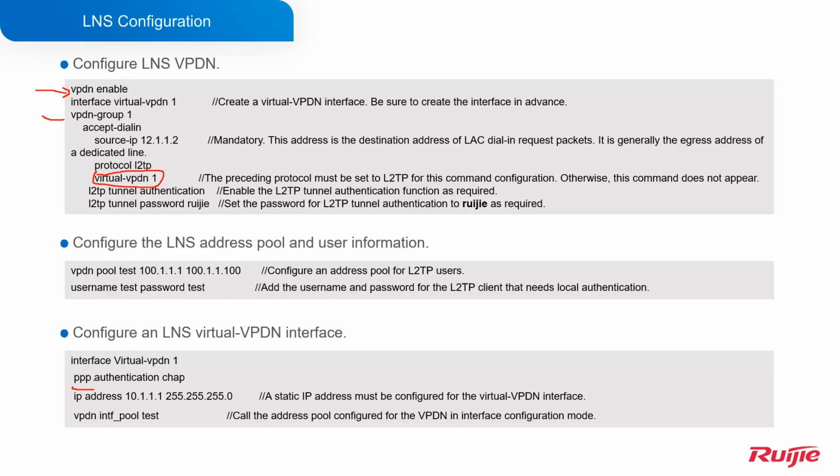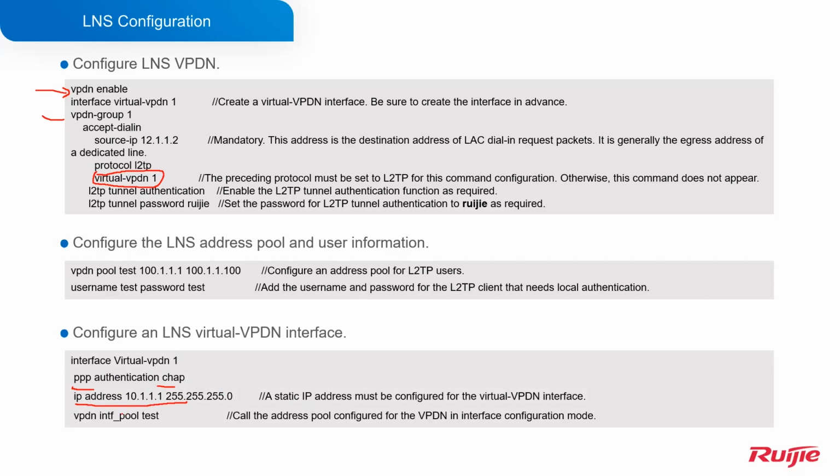And in PPP, we have an authentication process, and we have multiple choices, like CHAP or maybe PAP. So here we choose CHAP. Okay, and the IP address for the virtual interface is 10.1.1.1. So this is the IP address for your virtual VPDN.